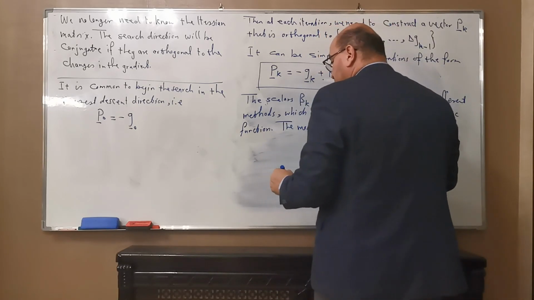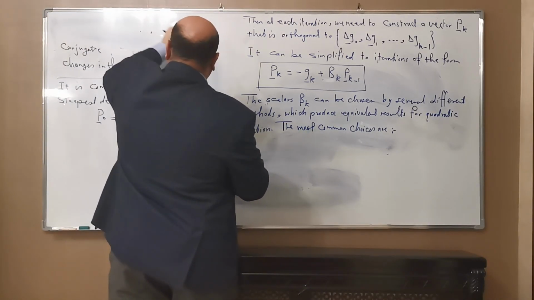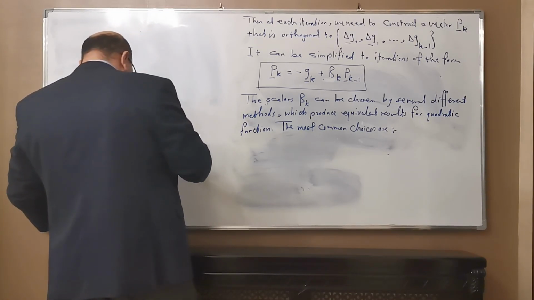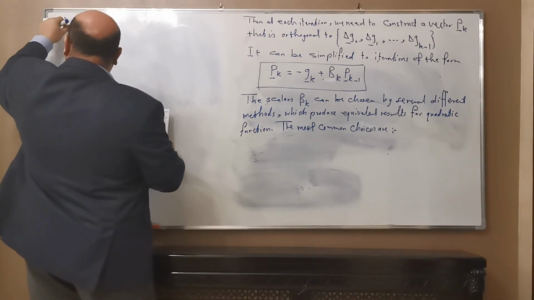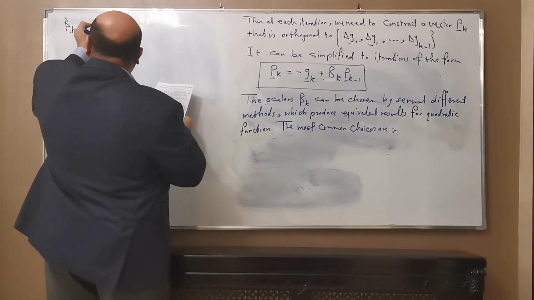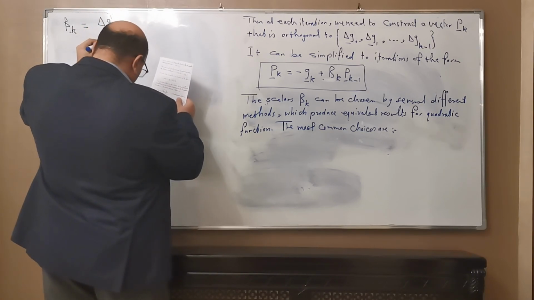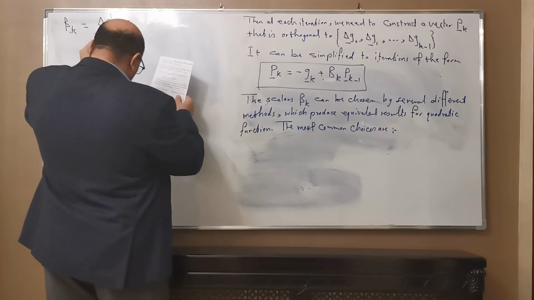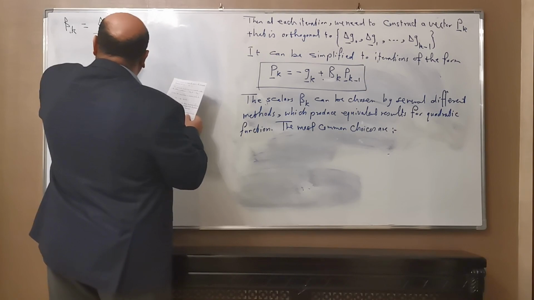the first choice is beta sub k is equal to delta g of k minus 1 transpose gk over delta g sub k minus 1 transpose pk minus 1.